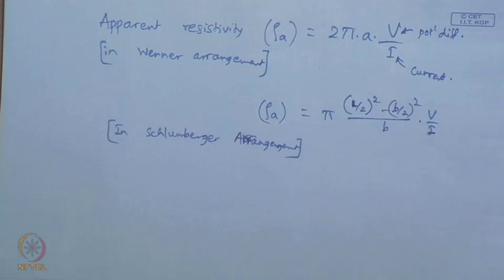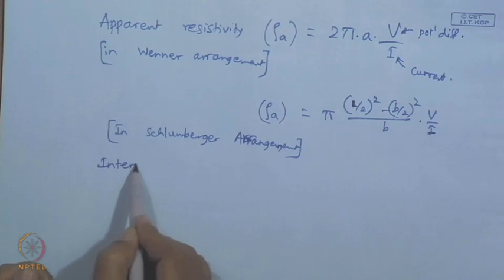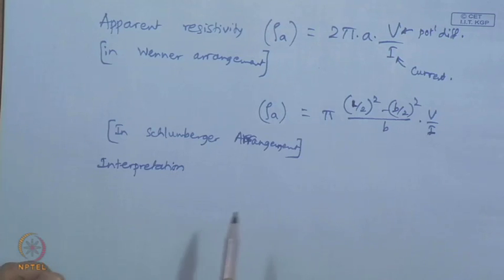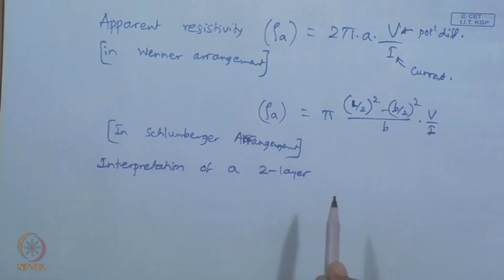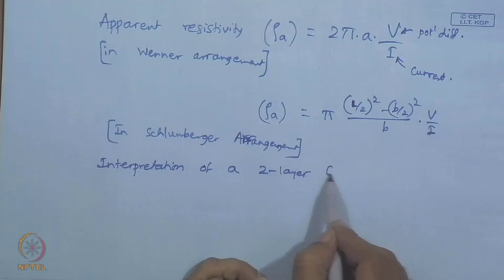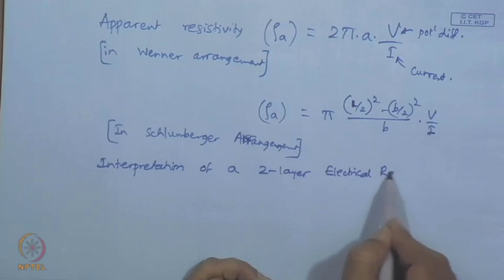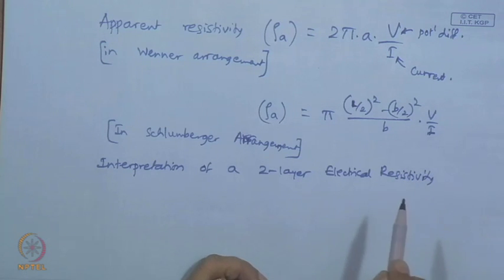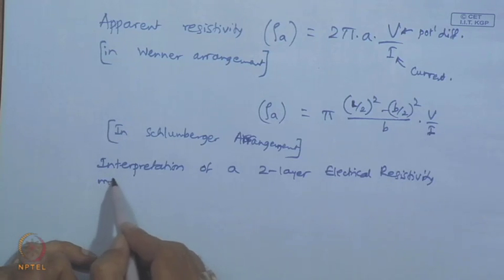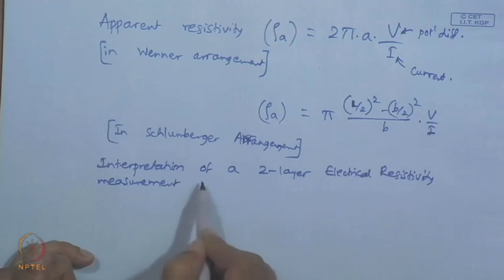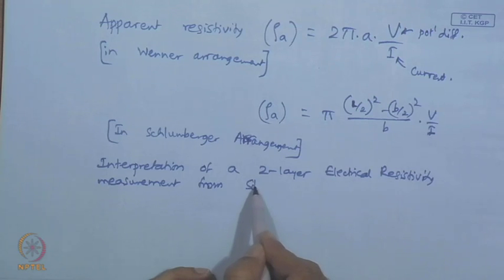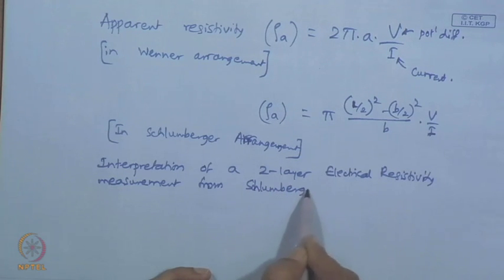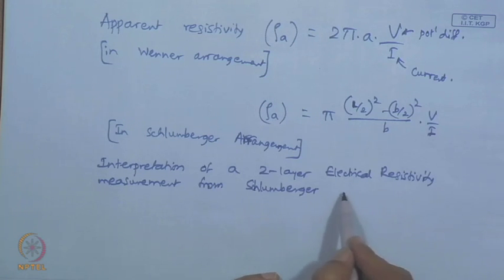And now, let us go for the interpretation of a two layer electrical resistivity measurement from the Schlumberger arrangement.